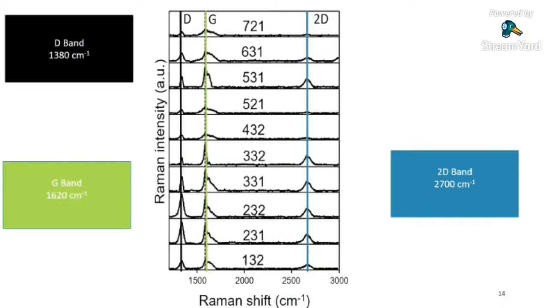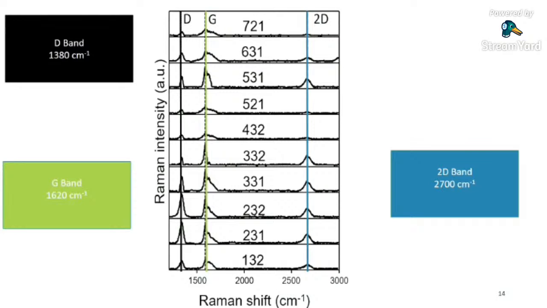Also, the G band is related to stress on the sheet, so we want a straight G band. And finally, we have the 2D band, which is related to the behavior of frequency of the laser used for the analysis.